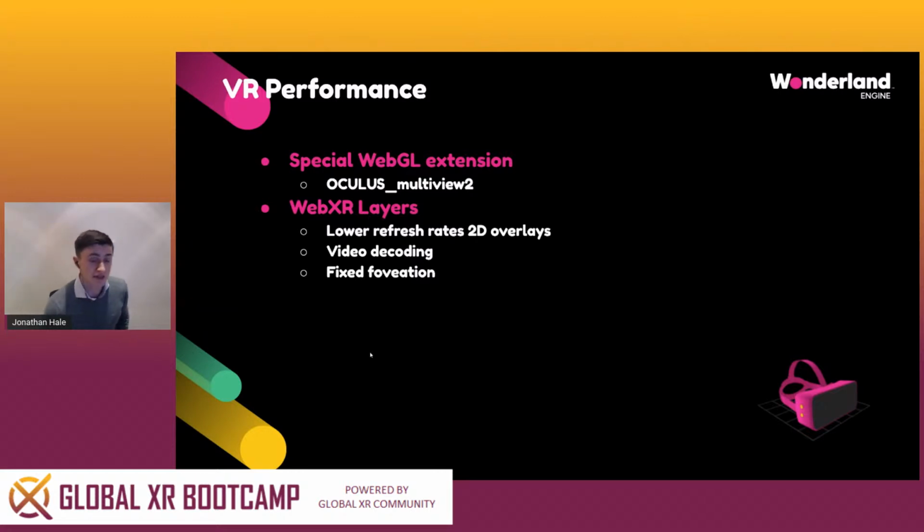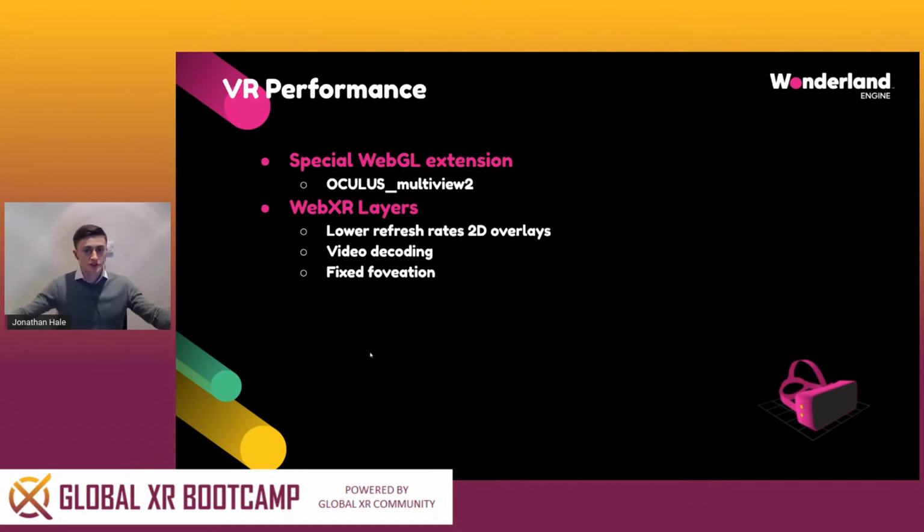WebXR Layers is an extension to the WebXR spec that is hopefully coming very soon. It will allow us, for example, to lower the refresh rates on 2D overlays. That means 2D UIs often don't change for a while, so we can draw them once and then set that as a layer, and the layer will get updated with the head pose.